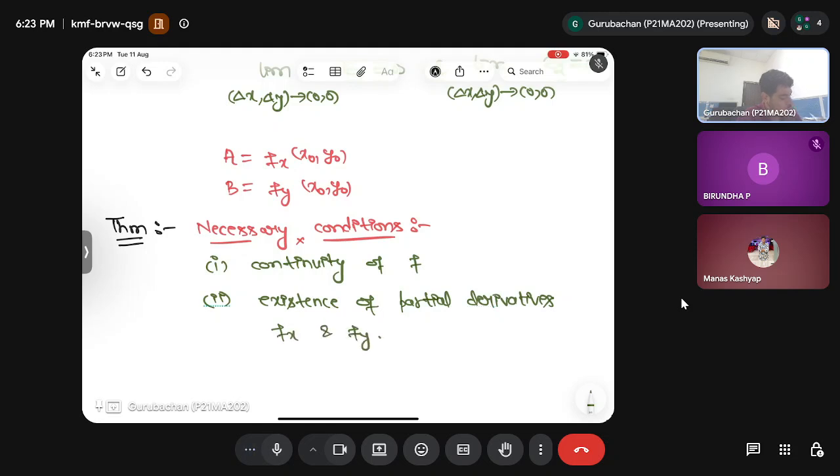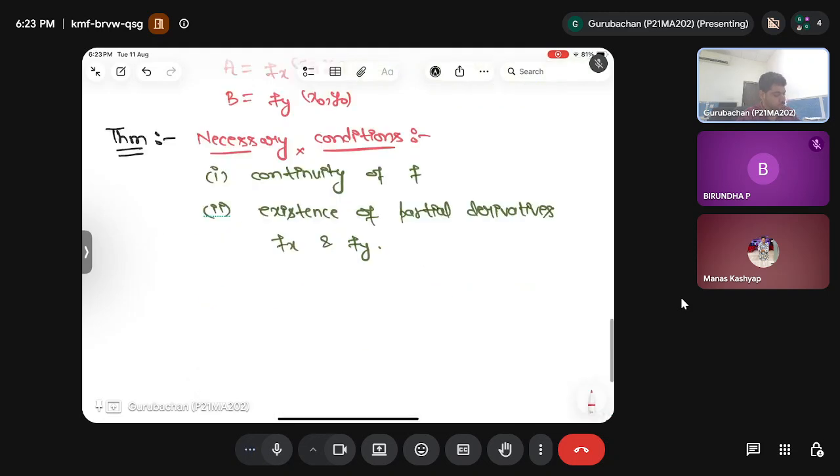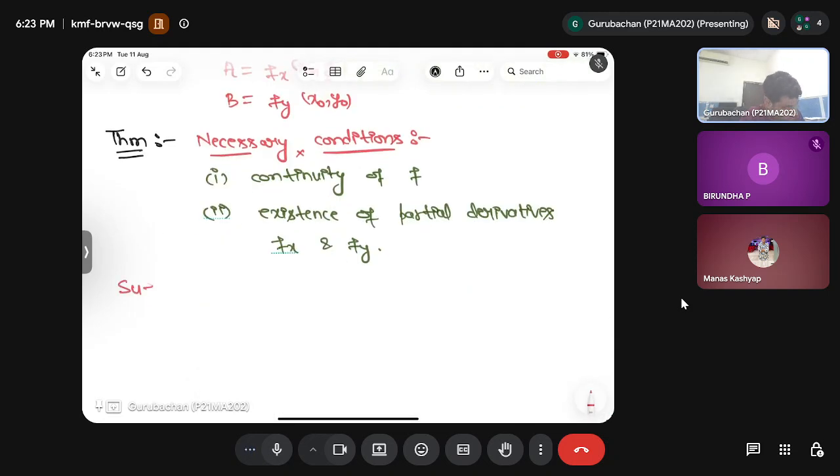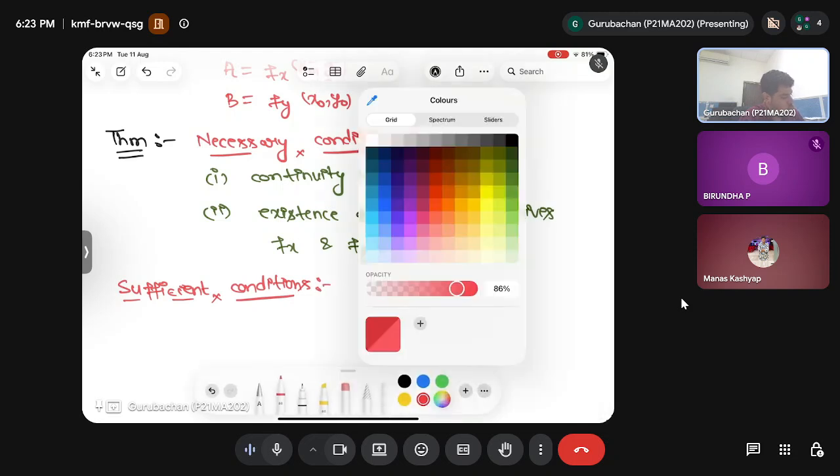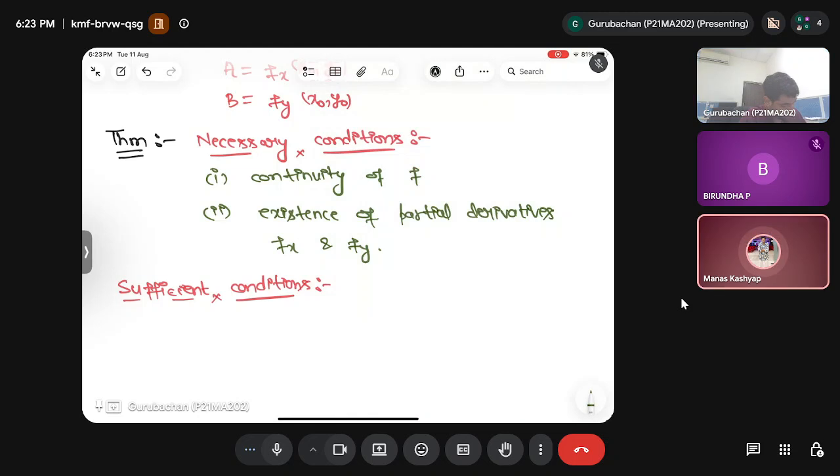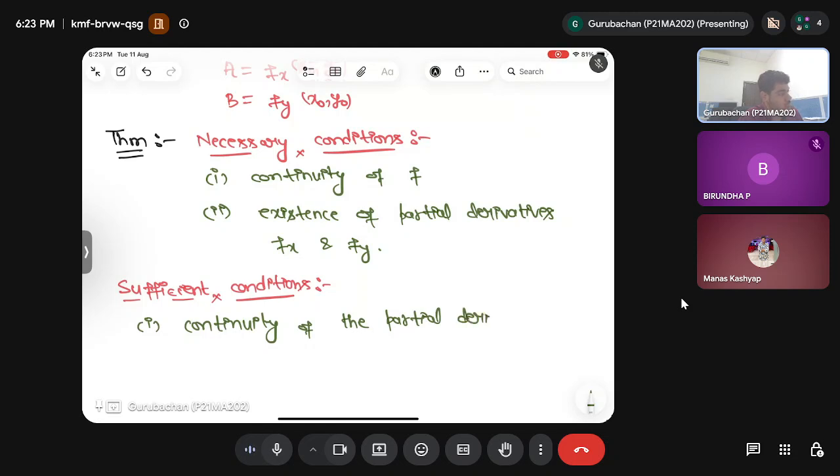And the sufficient conditions. First, one should exist and the other should be continuous, that can also be a case. There is one more: continuity of the partial derivatives.